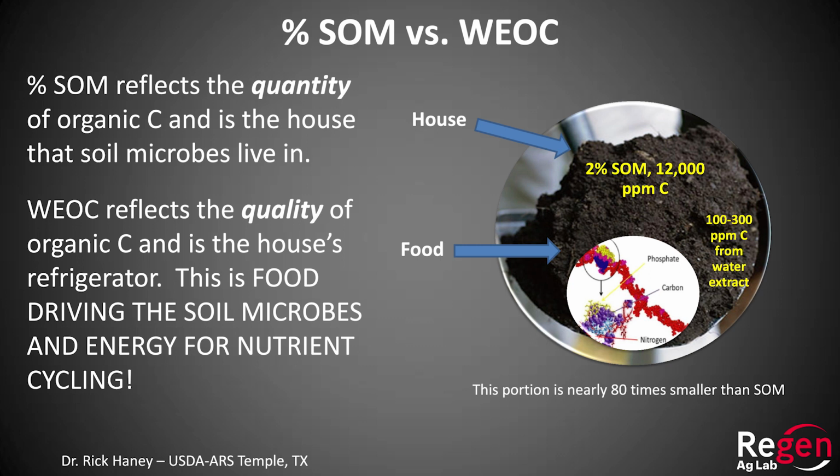So if you're an organism in the soil and you can't find any food, but you've got a whole bunch of carbon tied up in the house, you start to eat the house. We've done a really good job of this in agriculture for 150 years. Our input of carbon is generally not high enough to keep up with that demand, especially in row crop systems.